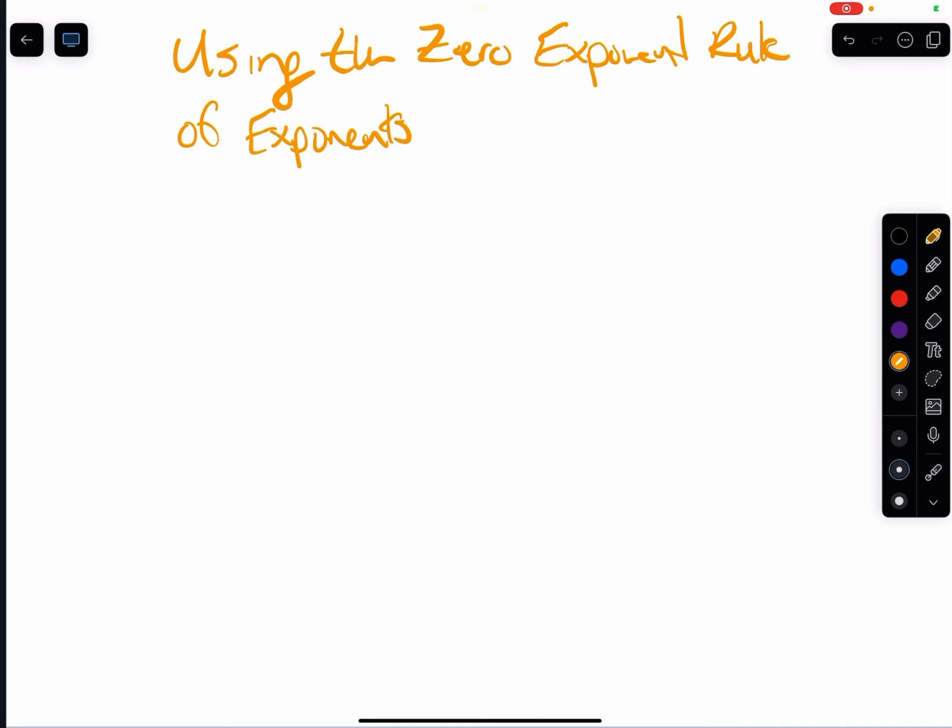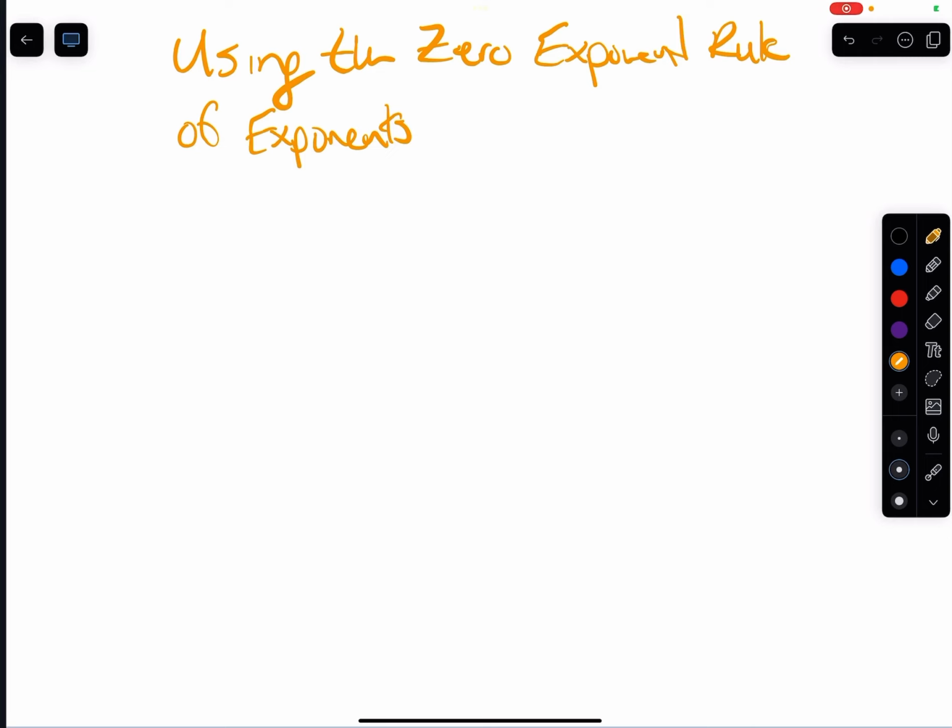Remember back when we were discussing the quotient rule, we said that m had to be greater than n so that the difference between m and n would never be 0 or negative. What would happen if we said that m is equal to n? That would give us the 0 exponent rule.